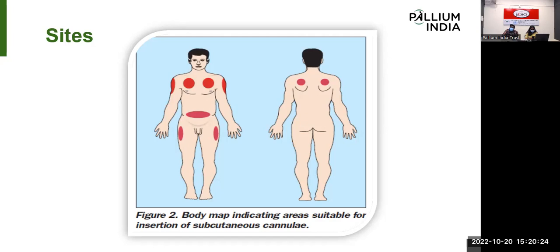When we choose the lateral aspect, the caregiver is a little more confident giving the injection. If it is not possible due to any contraindication, we can choose other sites. These are the common sites, but mainly we choose the upper and lower lateral aspect.